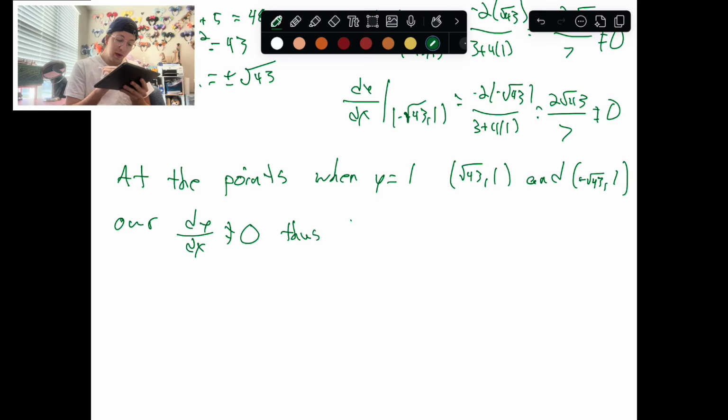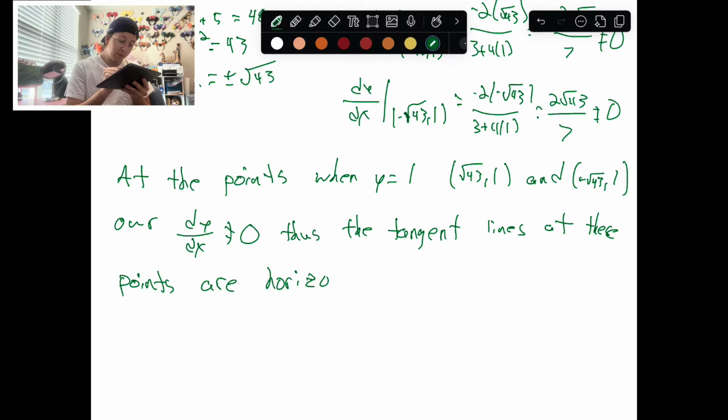Thus, the tangent lines at these points are not horizontal. Therefore, the line y is equal to 1 is not tangent to our curve.